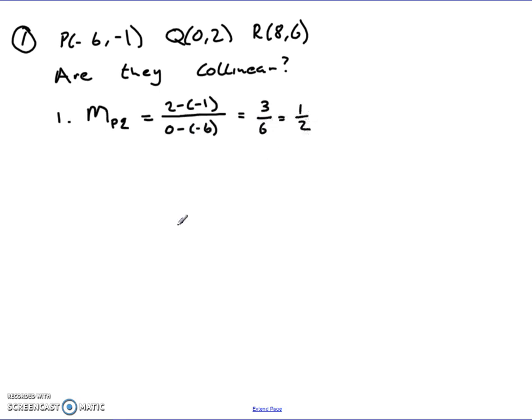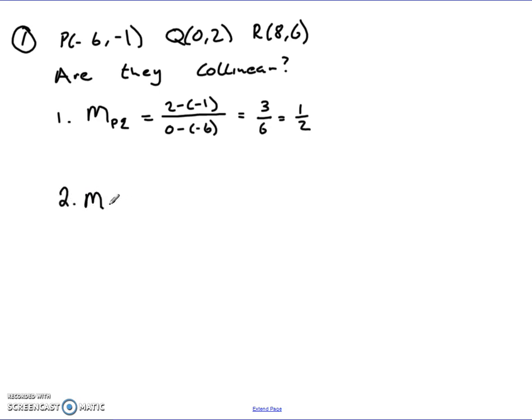So my gradient's a half. Now the second one is I can then choose to do the gradient of either other portion of the line. So I can either take my gradient from P to Q and match that up with the gradient from P to R, or take my gradient from P to Q and match it up with the gradient from Q to R. Either way, it doesn't matter which section of the line you use, as long as there's a common point.